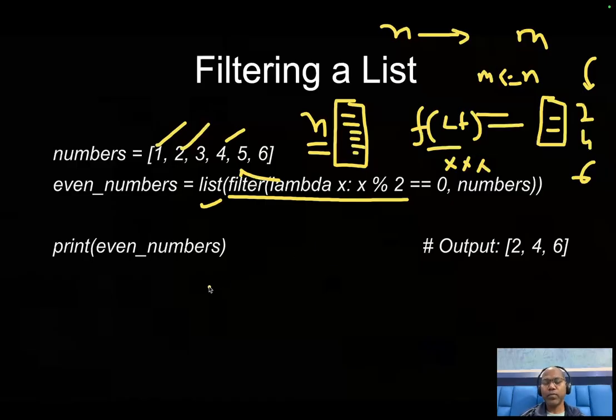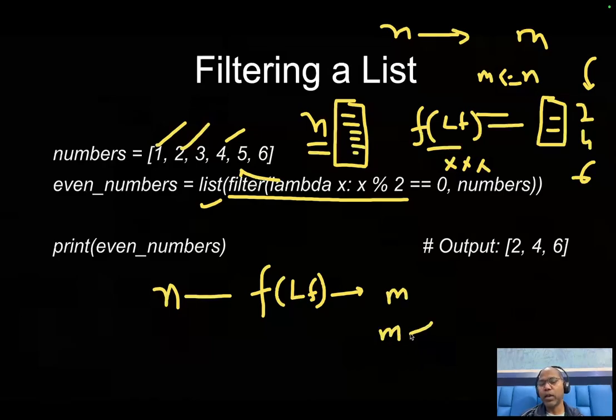So in the case of filtering, if you pass n inputs and apply the filter with the lambda function, you get the output as an m collection, where m is less than or equal to n. Okay, so filtering is this. If your lambda function matches, it passes them; else, if it does not match, it is bypassed from the collection.